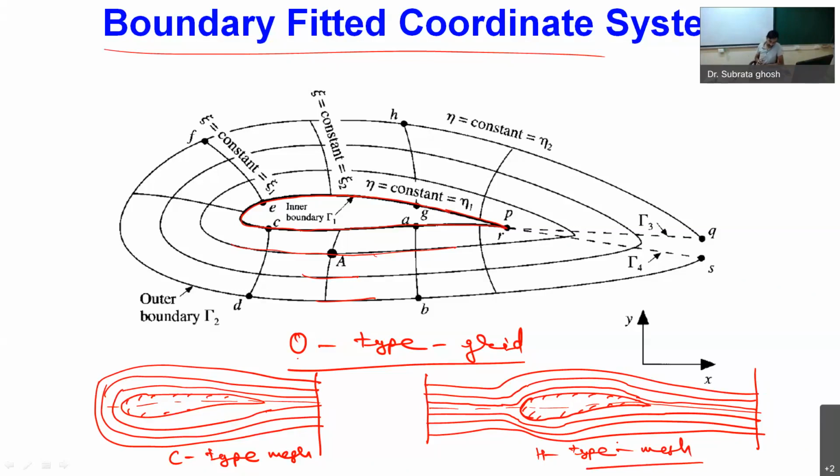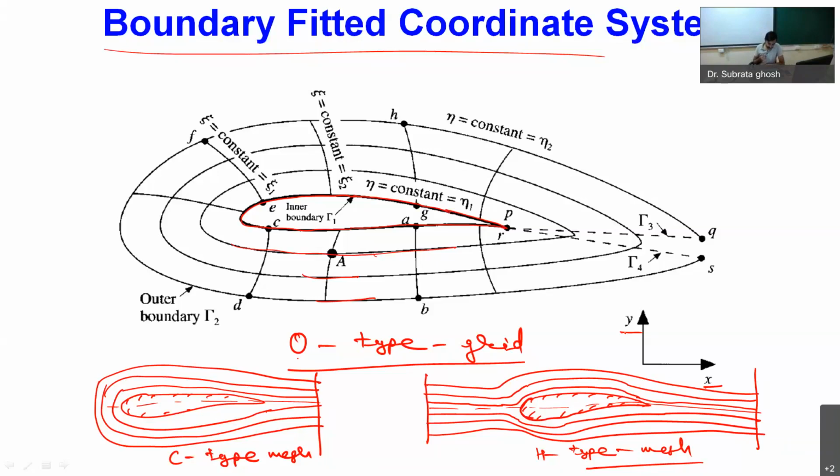Now let us focus on this particular O-type grid. In this O-type grid, we have created a boundary fitted mesh, and we are in the XY Cartesian coordinate system. You can see our grid lines are not parallel to X and Y. If these lines are not parallel to XY, then to apply the finite difference method we have to transform this into a zeta-eta coordinate system.